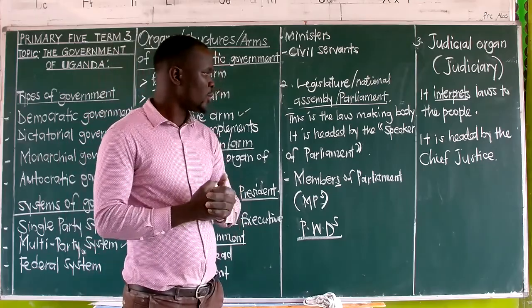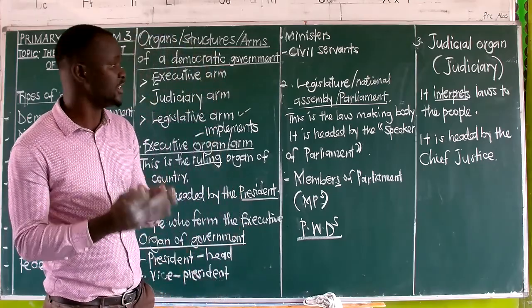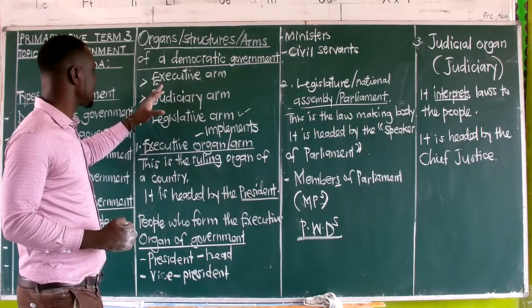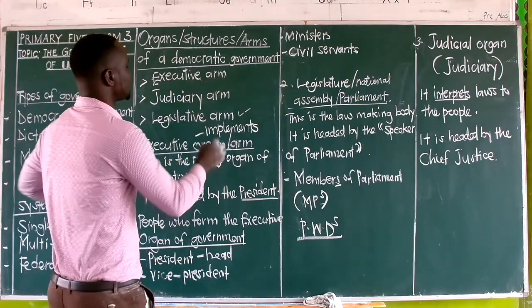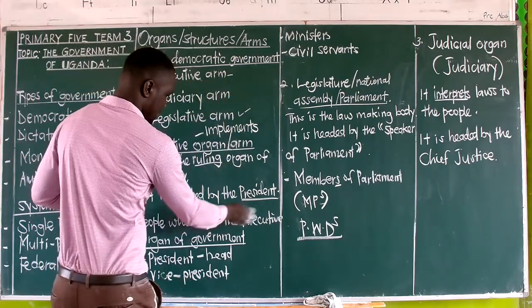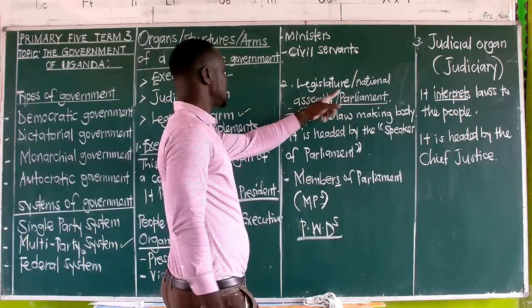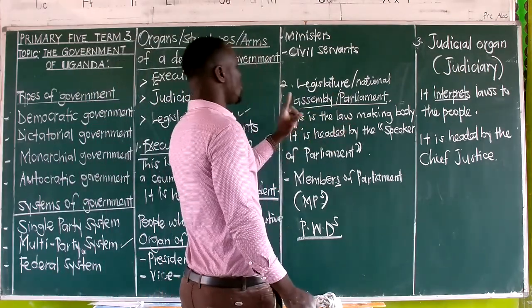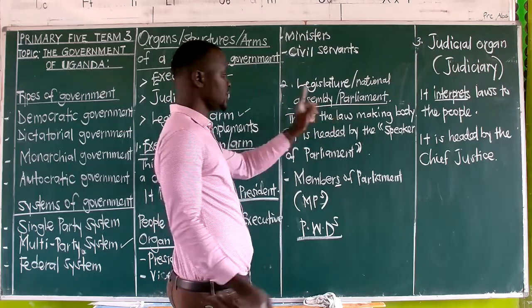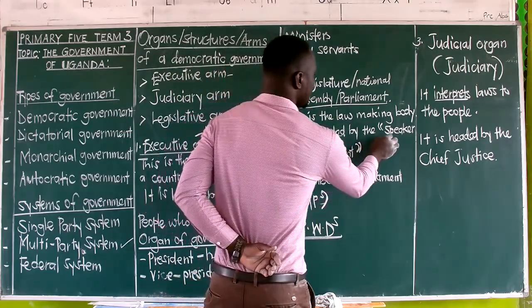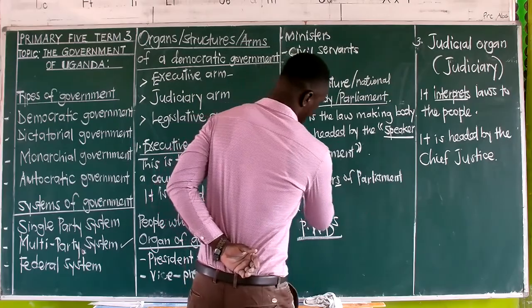I'm glad we have understood the heads of each of these organs. The executive organ, we say it's headed by the president. The legislative organ, or the parliament, or we call it also National Assembly, we have said it is headed by the Speaker of Parliament.